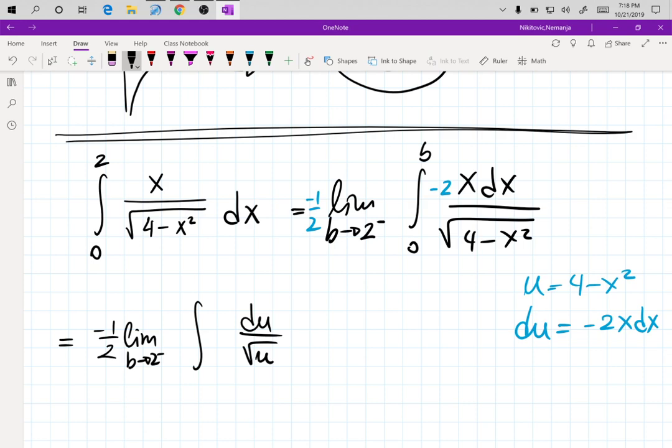It's just positive. All right, cool. And that is computed from 4 to 4 minus b squared. Okay.